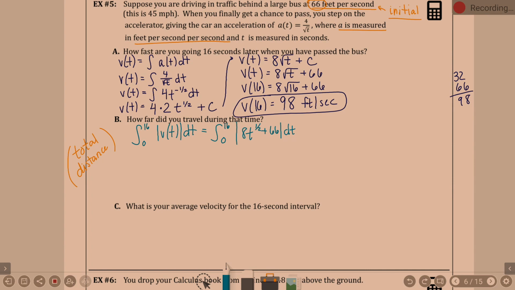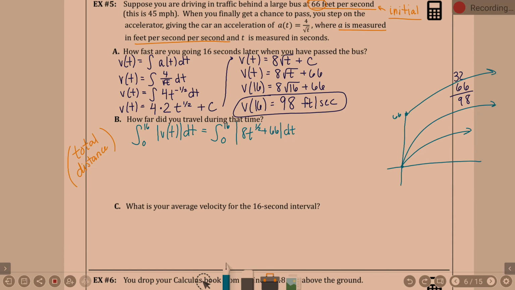Half of a sideways parabola. That's your square root. If this is y equals square root of x, what's the 8 doing to it? Stretching it. What does the plus 66 do to it? Translates it up. Now it's up 66 units.